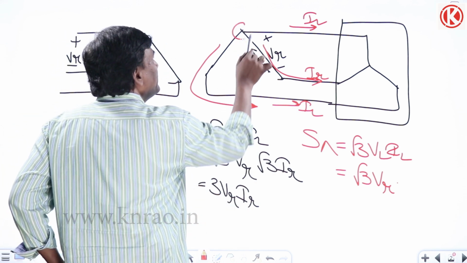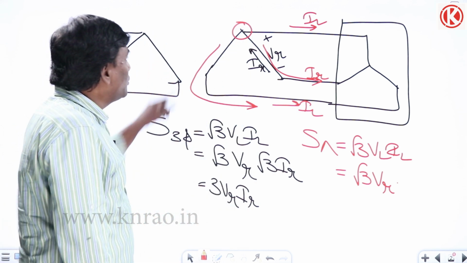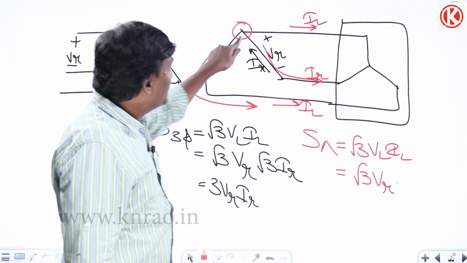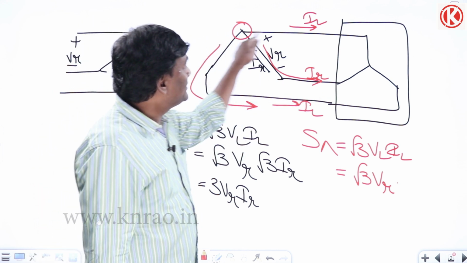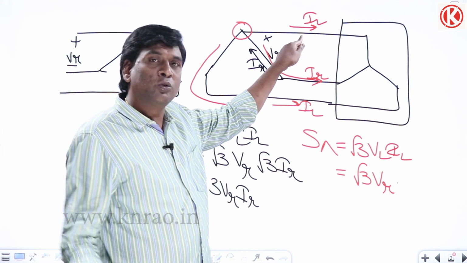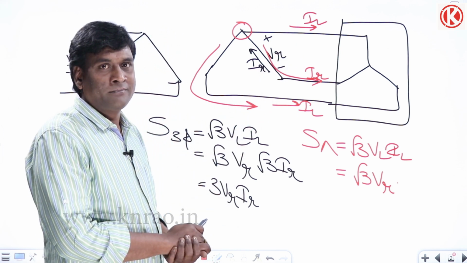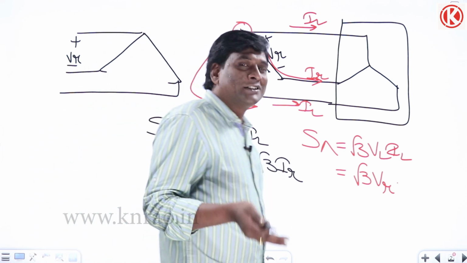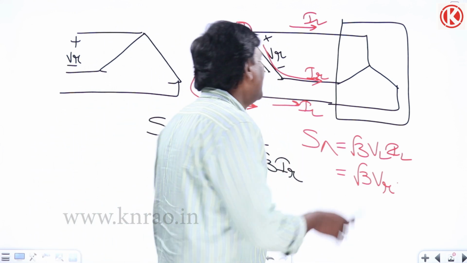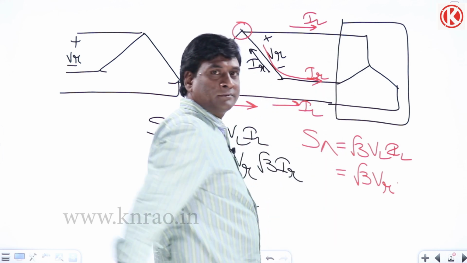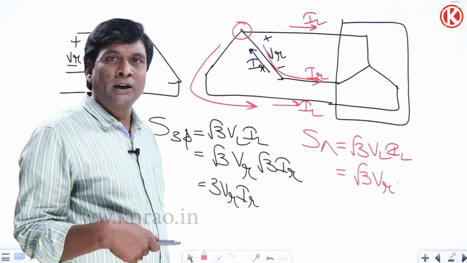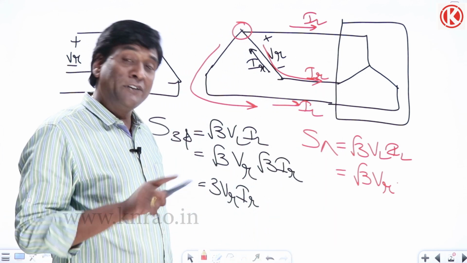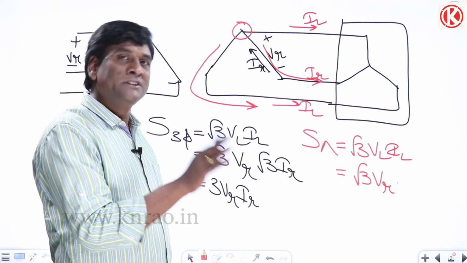I'm not focusing on the other one here, because to conclude that if this is rated, this also should be rated current only, an intricate analysis is required. Let me cover that with some sophisticated terminology. Load is always balanced, no? For balanced load only we analyze our machines. If it is unbalanced, that is power systems, symmetrical components.